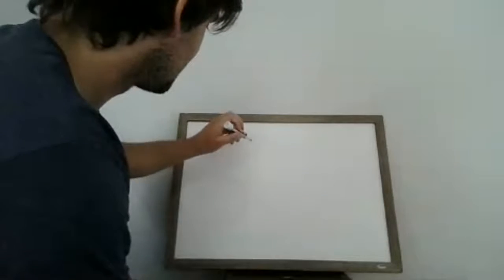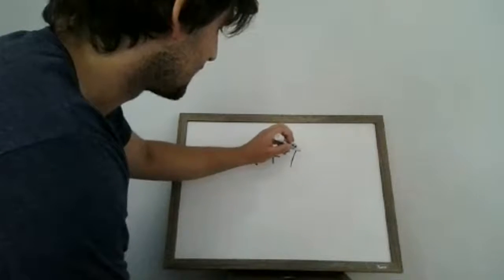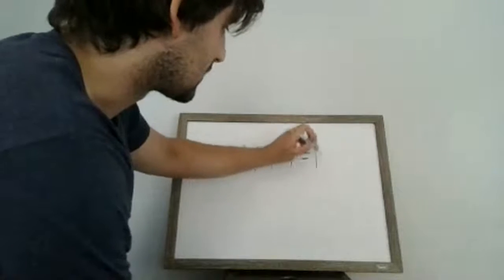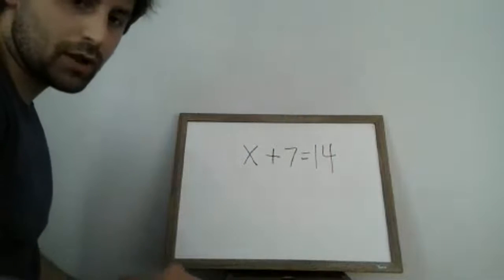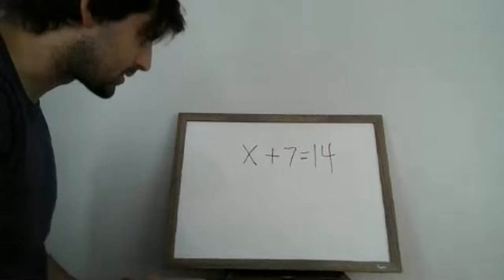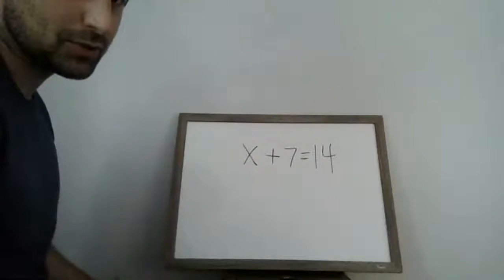Okay, so now the next problem, x plus 7 equals 14. So whatever the operation is, when we're working with algebra, we have to do the opposite of whatever the operation is to get the 7 on the other side of the equal sign.